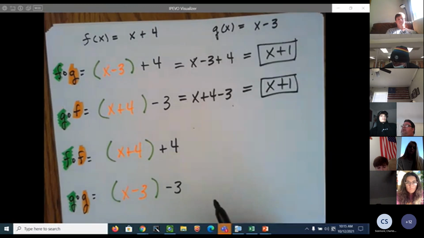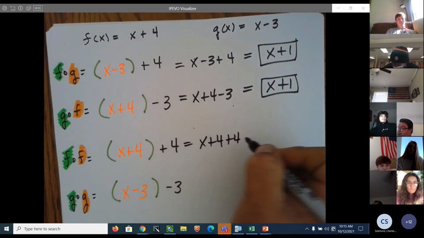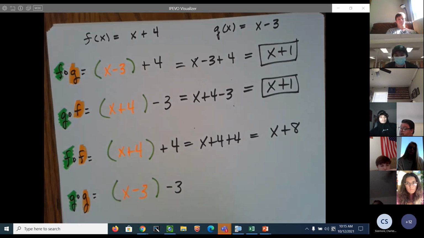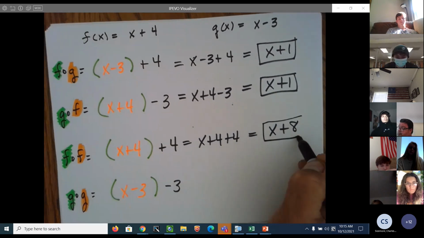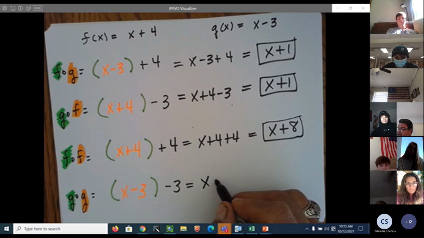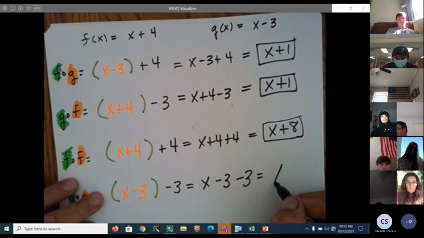Now, x plus 4 plus 4 is equal to x plus 8. And x minus 3 minus 3 is x minus 6.